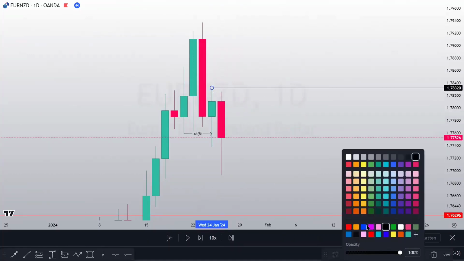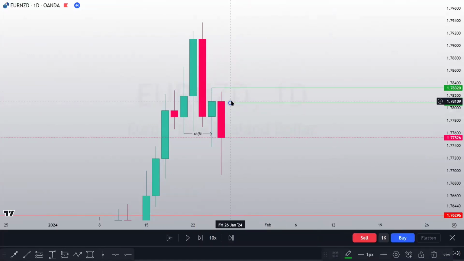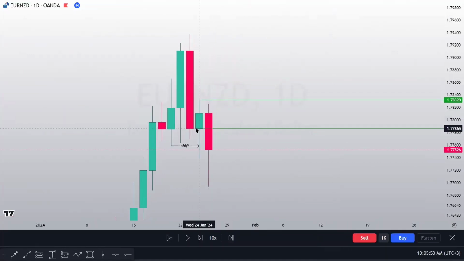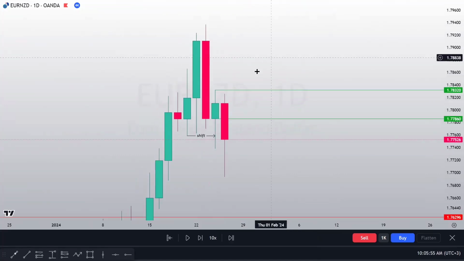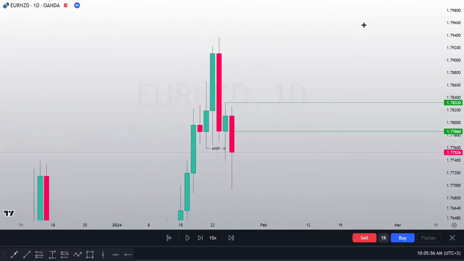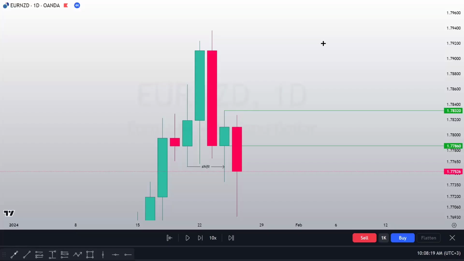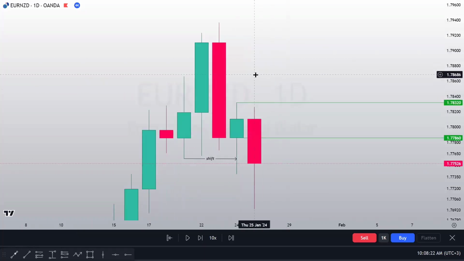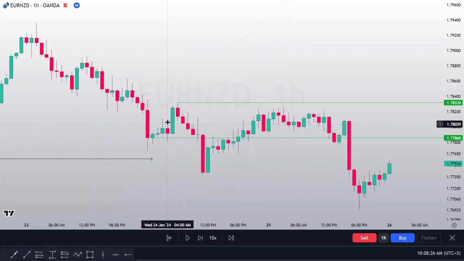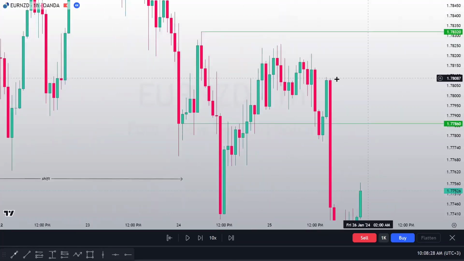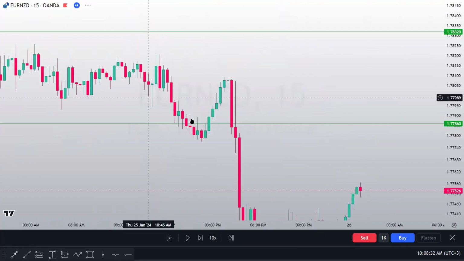Also, this entry was taken considering the 4 hour cycle. You would have taken this entry also considering the 4 hour cycle. So after marking this formation, going to the 1 hour time frame, do you have anything on this area? No, man, don't have anything. Going on to the 15 for more refinements.